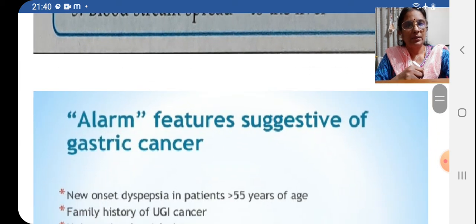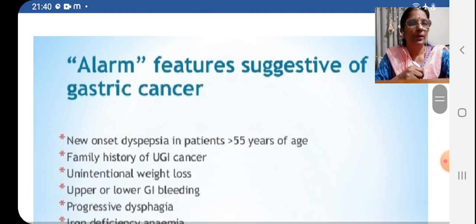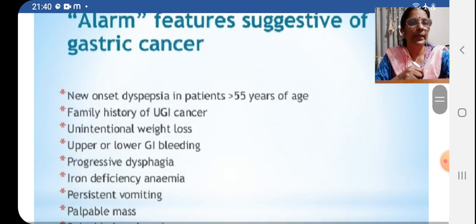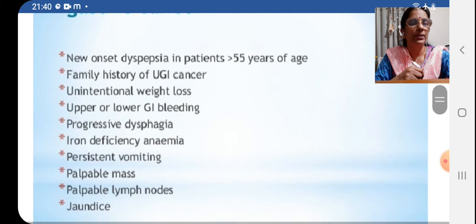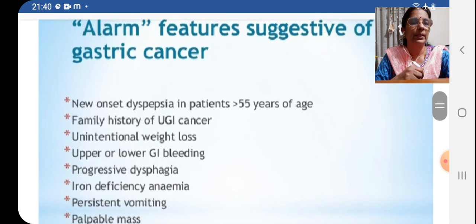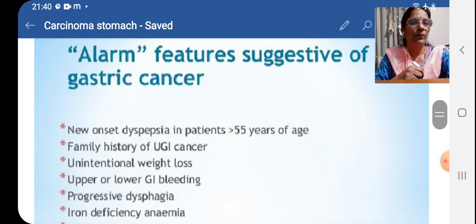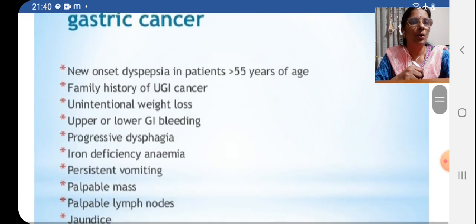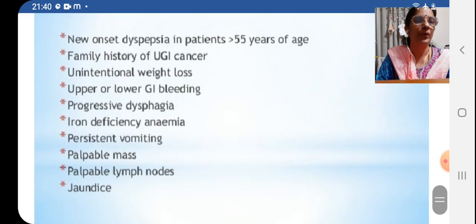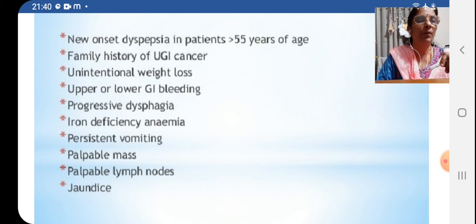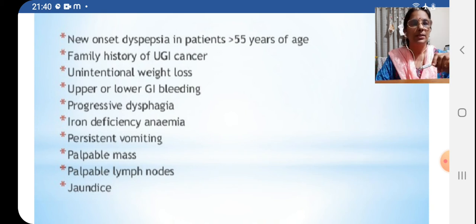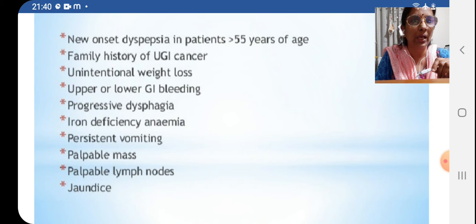Then alarm features suggestive of gastric cancer. Whenever the patient complains of all these things, you have to think about gastric carcinoma. These are the alarm features suggestive of gastric cancer. New onset of dyspepsia in patients more than 55 years of age. Family history of upper GI cancer. When the patient says that a relative has a history of GI cancer, then you have to suspect it with symptoms of anorexia, asthenia, anemia.